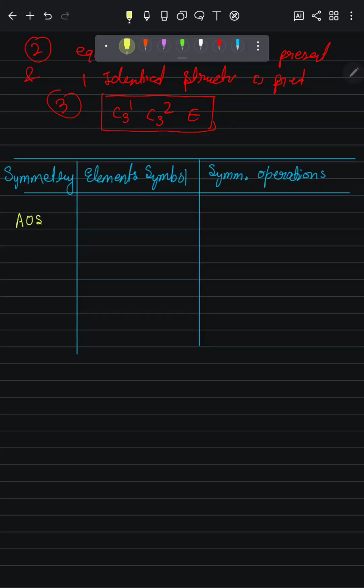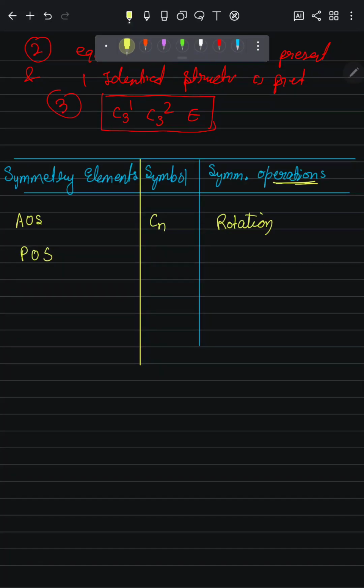So let's make a chart in which we put the symmetry elements, their symbols, and their symmetry operations. An operation is the process in which we perform some action. For the axis of symmetry, the symbol is Cn, in which we place the principal axis and subsidiary axes, and the operation that we perform here is rotation. The second symmetry element is the plane of symmetry.